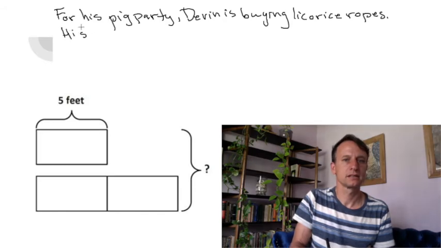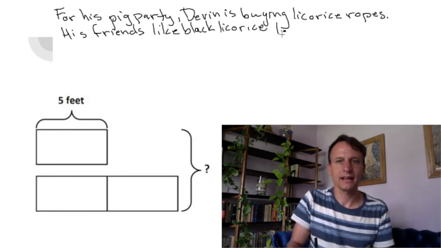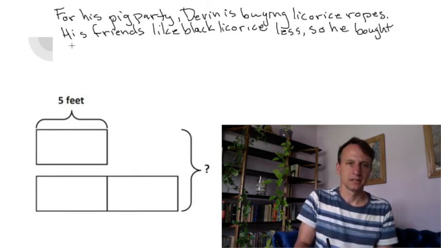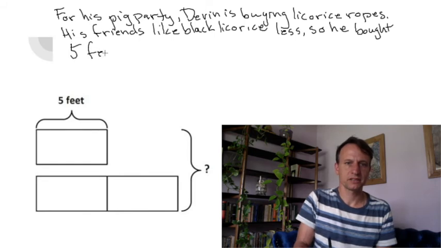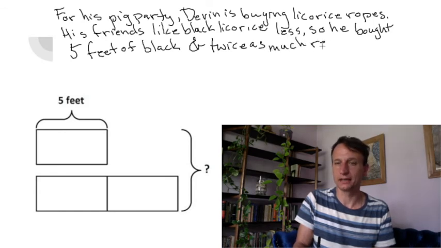His friends like black licorice less, so he bought 5 feet of black and twice as much red.